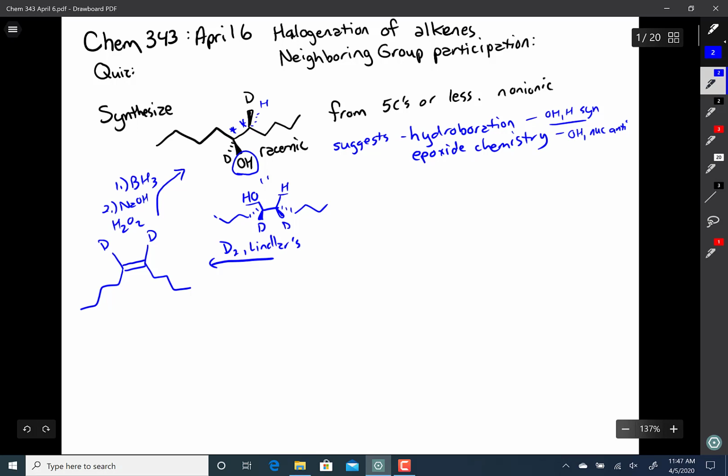We want to use this one as opposed to lithium and ND3 because this is a cis alkene. And when we're trying to make a cis alkene, Lindlar's catalyst comes in awfully handy. Now, it might be helpful to actually number this 3, 4, 5, 6, 7, 8, 9, 10.